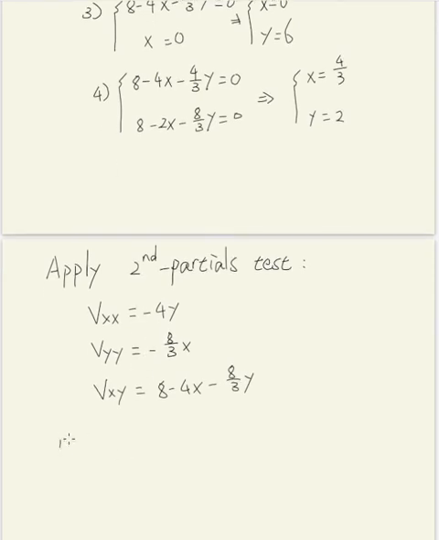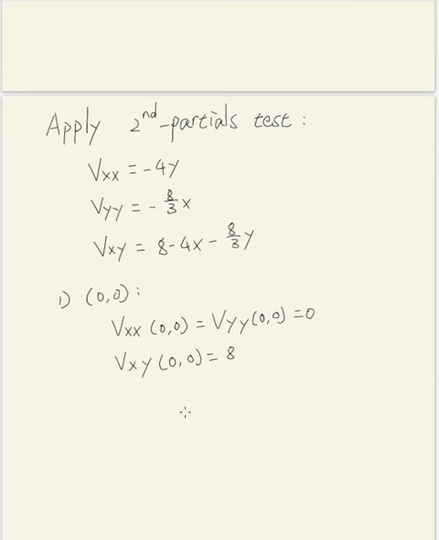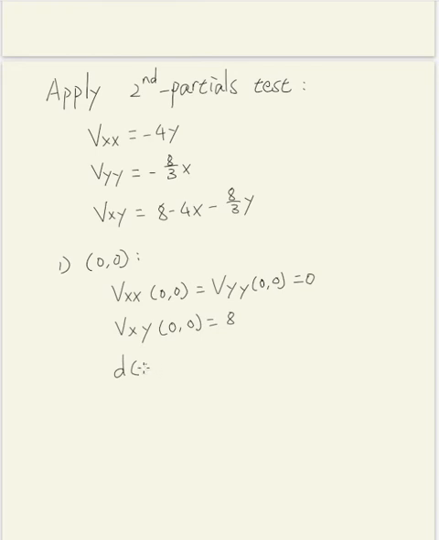The first one, 0, 0. Well, at 0, 0, we know that V partial x and V partial y at 0, 0 equal 0. Vxy at 0, 0 equals 8, and therefore D of 0, 0 equals 0 times 0 minus 8 squared, so minus 64.